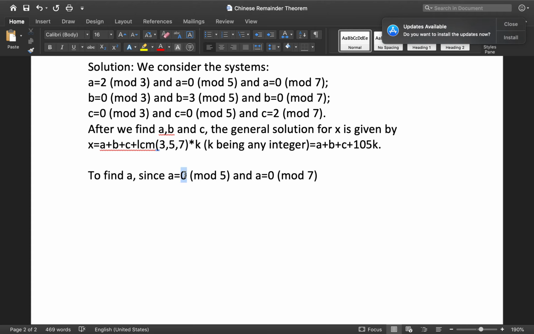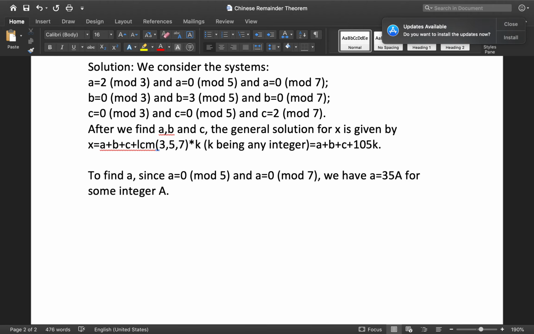Now if you consider these two conditions, that will give you a equals 35 times capital A, so a is just 35 times A for some integer A.